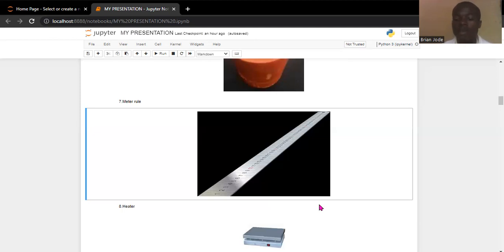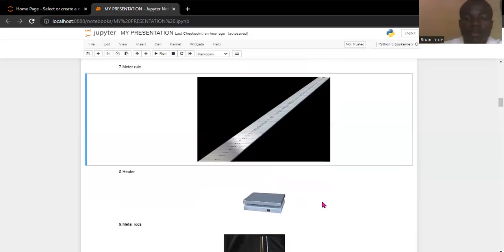Due to higher precision, sensitivity, or ability to provide accurate measurements for small changes in length, we require a dial gauge or a micrometer screw gauge. So that's what we are going to use.